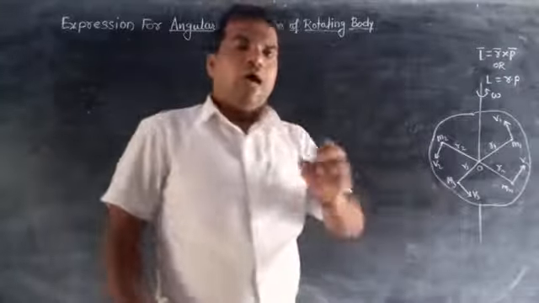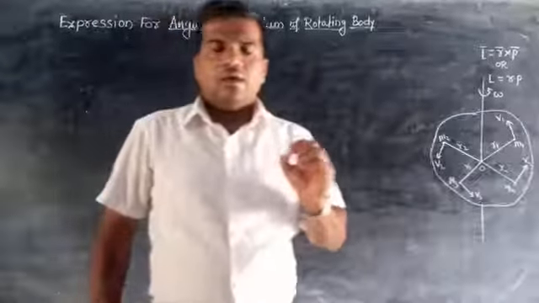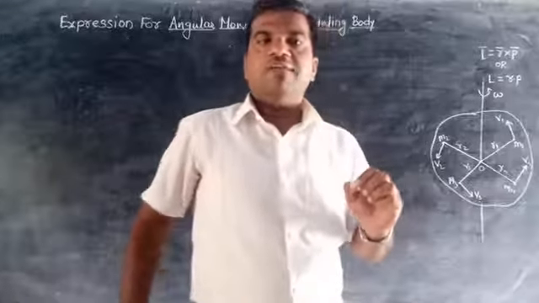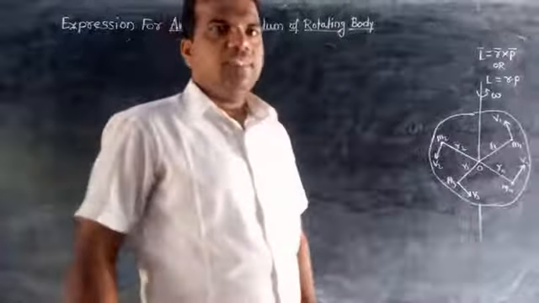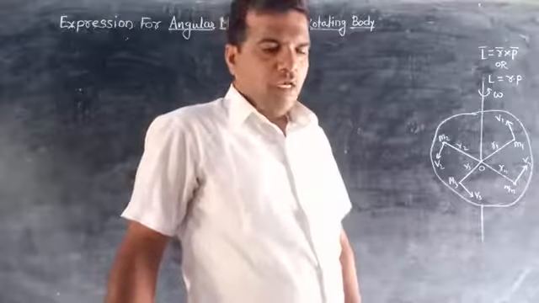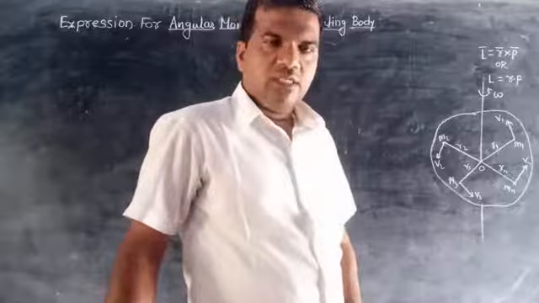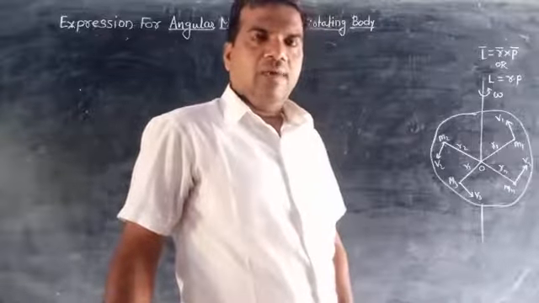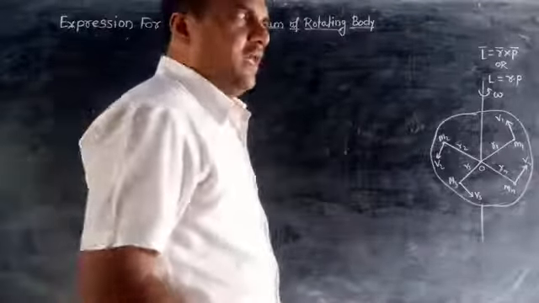Now, as the particles perform circular motion with different linear velocities, the linear momentum of each particle is different, and therefore we first derive the linear momentum of the different particles and then the angular momentum.